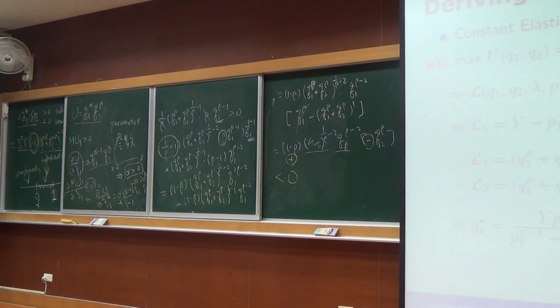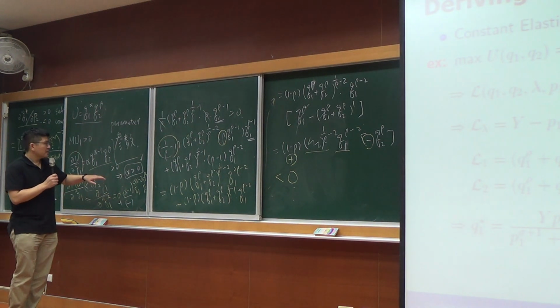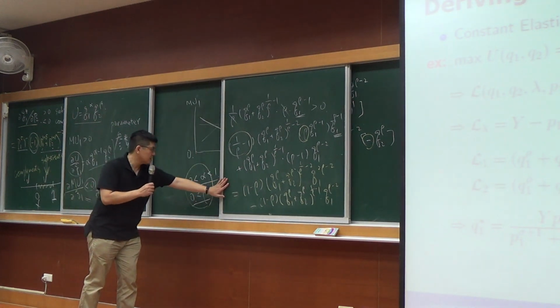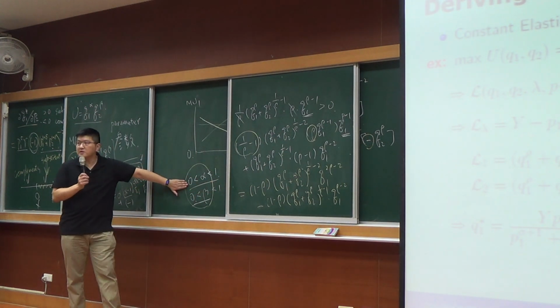And if you want the good in a Cobb-Douglas utility function to have a diminishing marginal utility, you must have these conditions, okay?